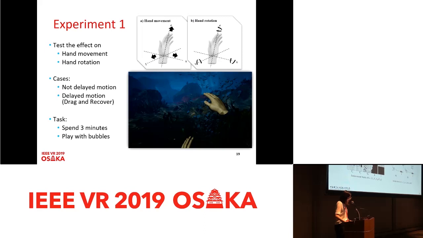The task is just to spend 3 minutes underwater. There are bubbles which users can interact with by touching, but we did not give an additional task because we wanted them to not concentrate on a specific mission, but just watch their movement and the underwater scene.